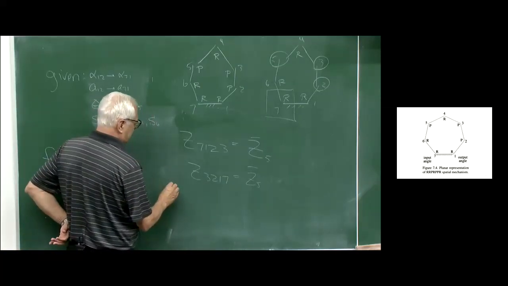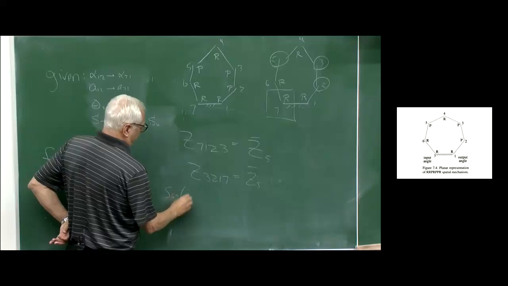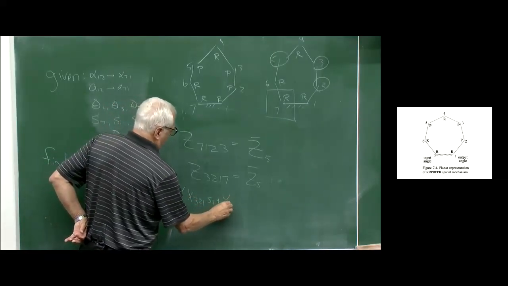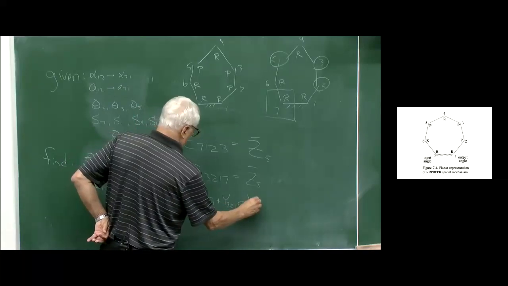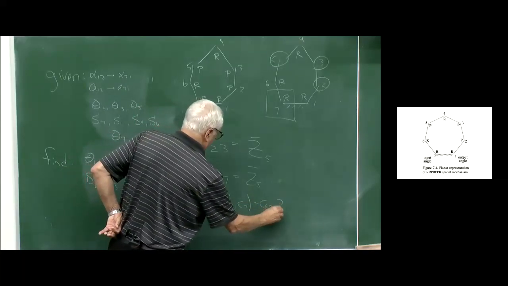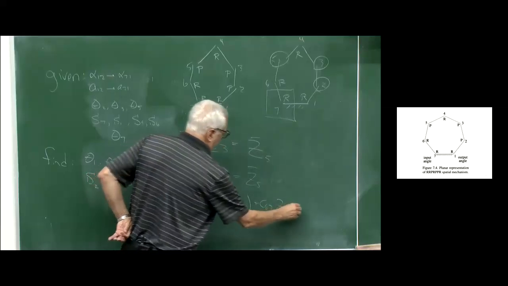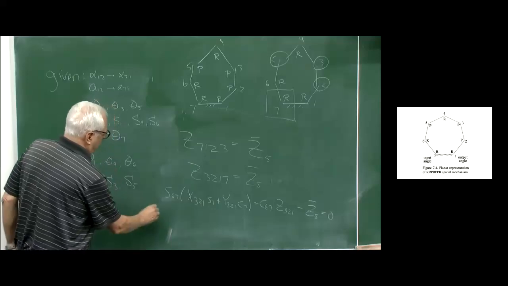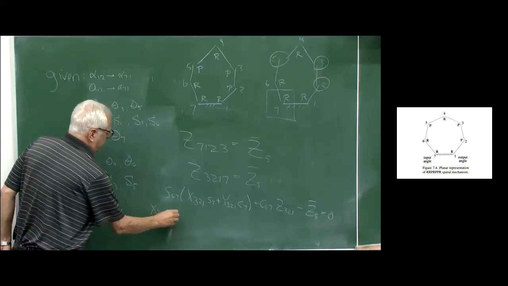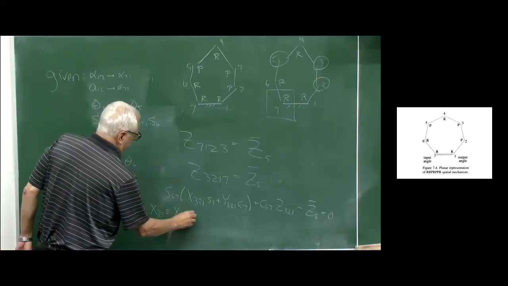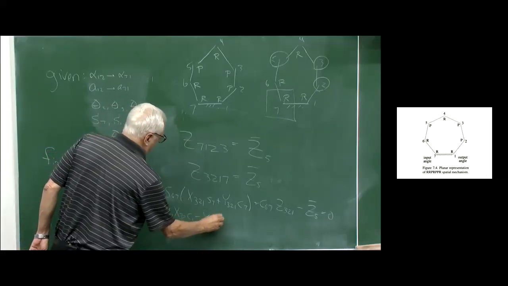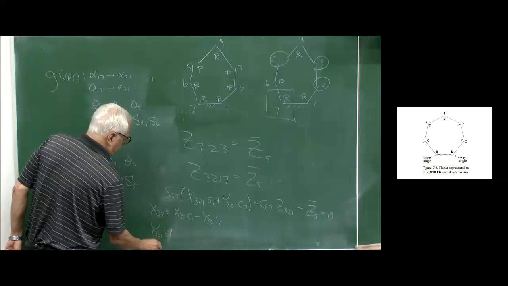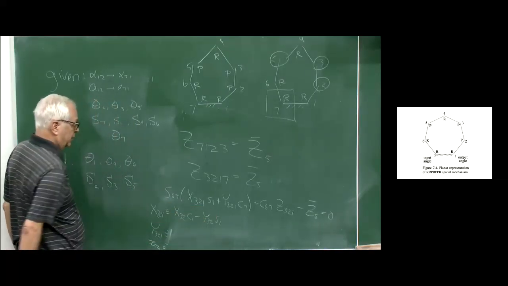So if we expand this definition, we get a sine X S plus Y C plus a cosine Z, minus Z5 bar equals 0. And then we have to say where X321's definition is, XC minus YS, and Y321 and Z321. They write out their definitions.